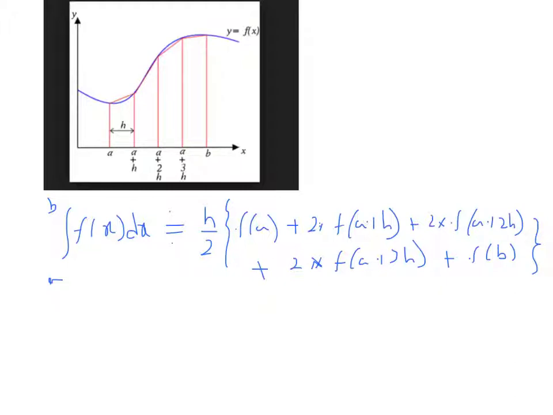So for us, let's say we are finding an approximation, for example, of the integral from 1 to 2 of x squared dx, the example that we were doing, using this time 10 equal subintervals.